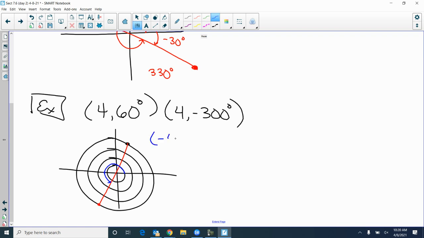So it's going to be negative 4, positive 240. And then the negative angle would be here, which would be negative, that's 90, and that should be 30. So negative 120. So negative 4, negative 120.